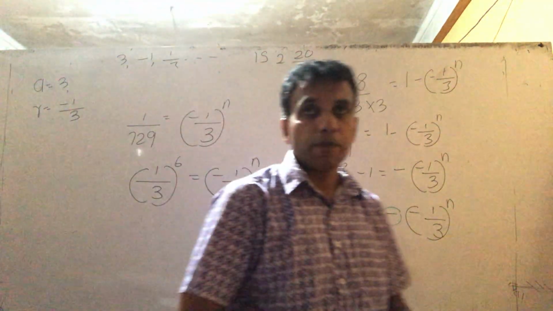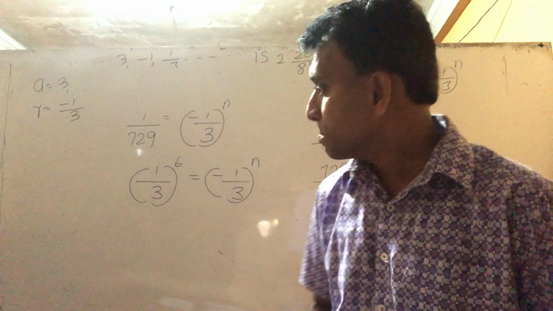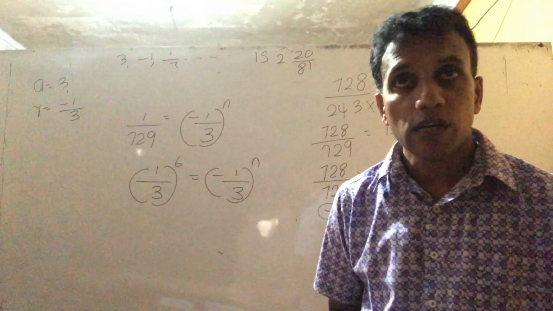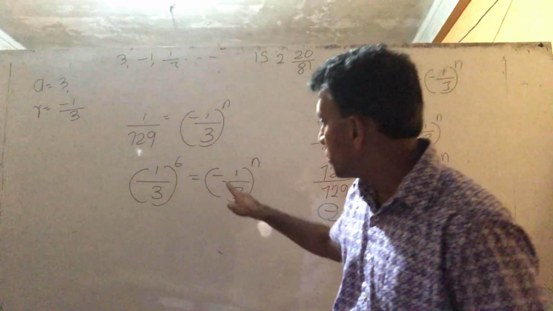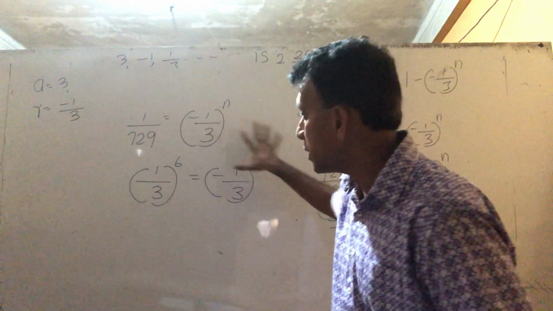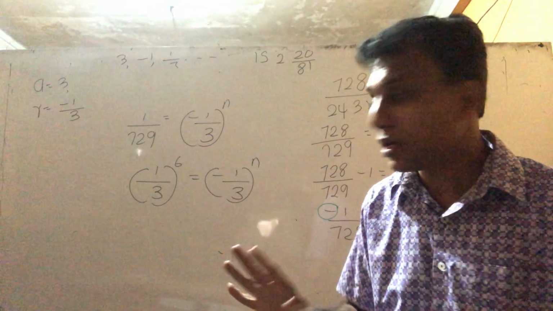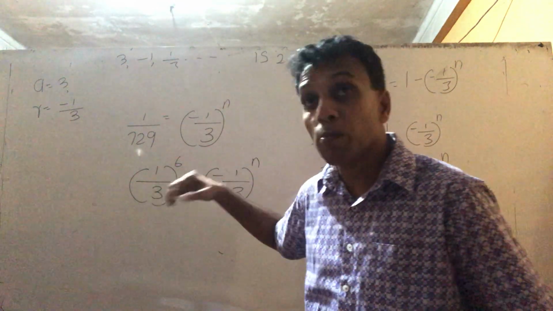How is that answer? That is wrong. Important pure maths error. Very important error. We can't write as we wish. Every symbol is important. Here see minus, but here not minus. Otherwise you can't make n equal 6, it is wrong. Here the base is minus 1/3. So show this also minus.